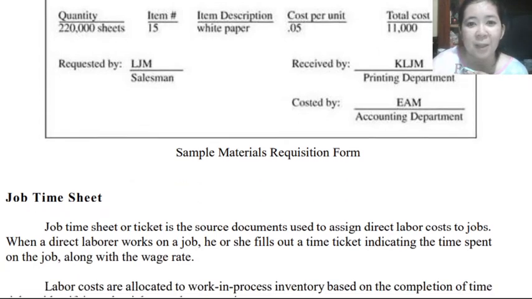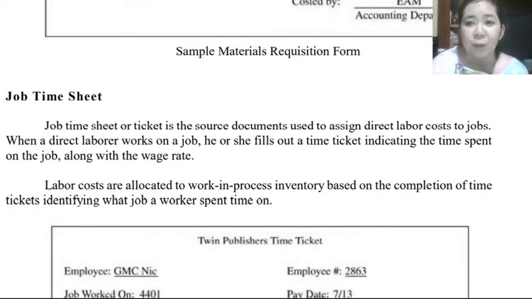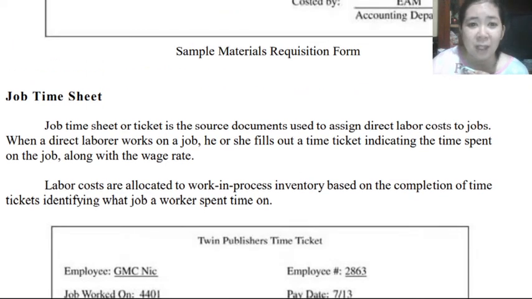Aside from the materials requisition form, we also have another source document which pertains to our direct labor. This is reflected in our job timesheet, also known as a time ticket. This is the source document that is used to assign direct labor cost to our jobs.